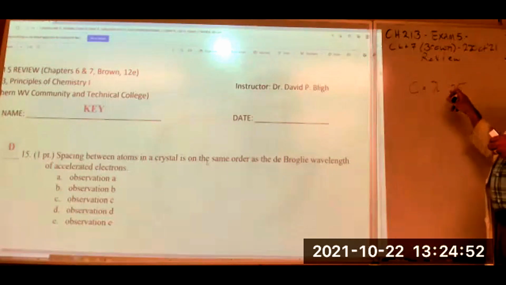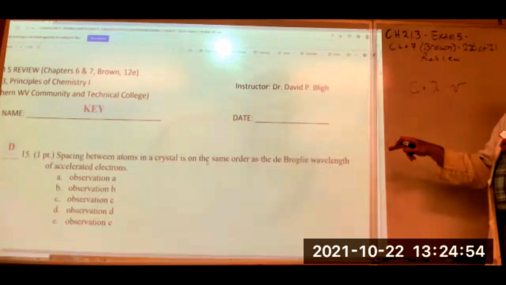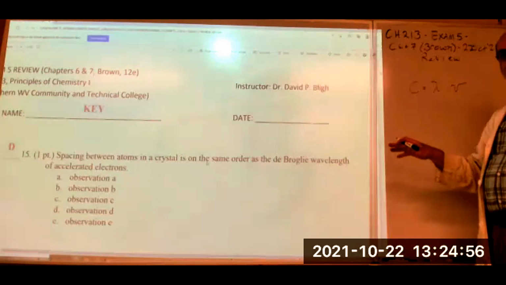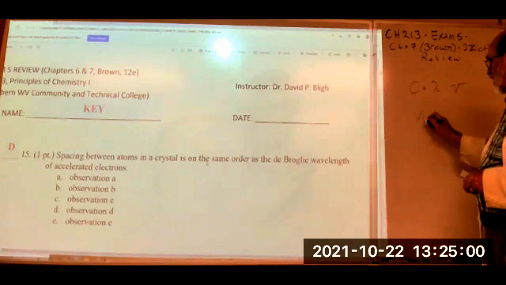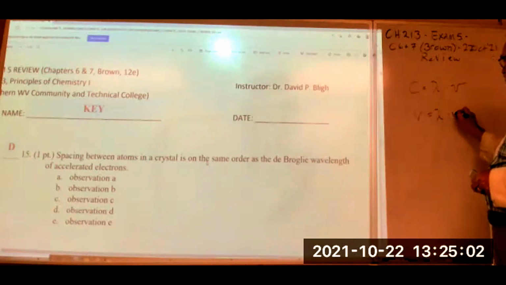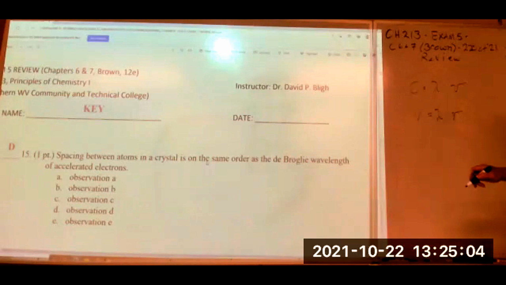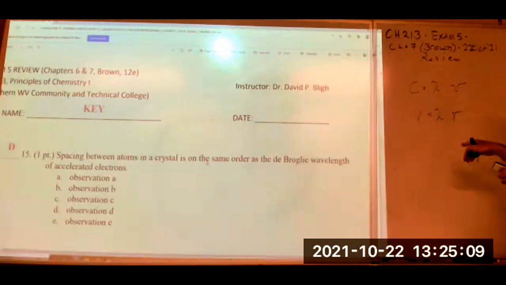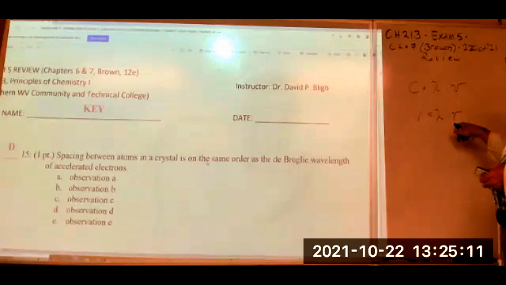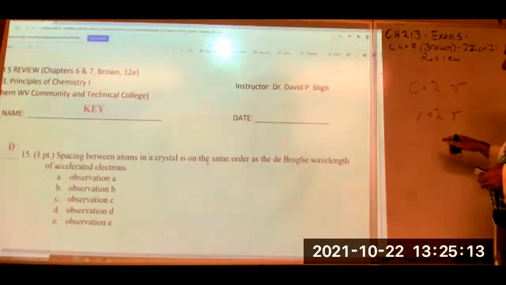Except that talks about light, and de Broglie wavelength can be applied to any form of matter. It just has a different velocity. So if it's moving at a certain speed, then you can correlate it with these values.